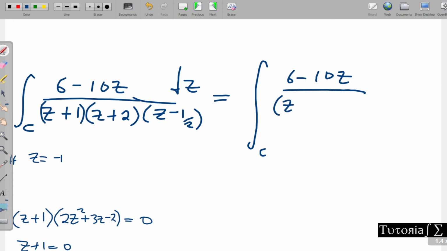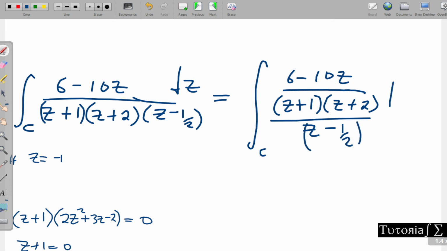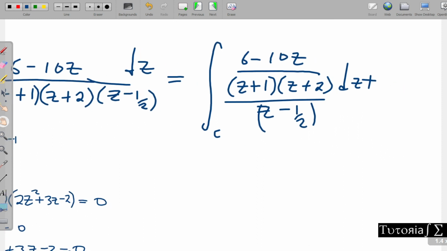You can use the residue theorem to integrate. Then you say z minus half dz, plus. So each of these poles will take turns to be at the bottom.